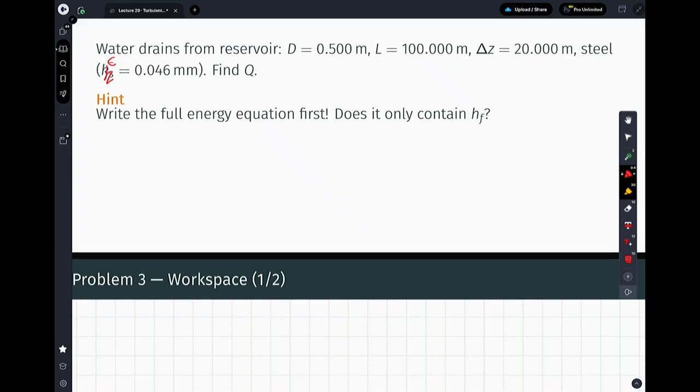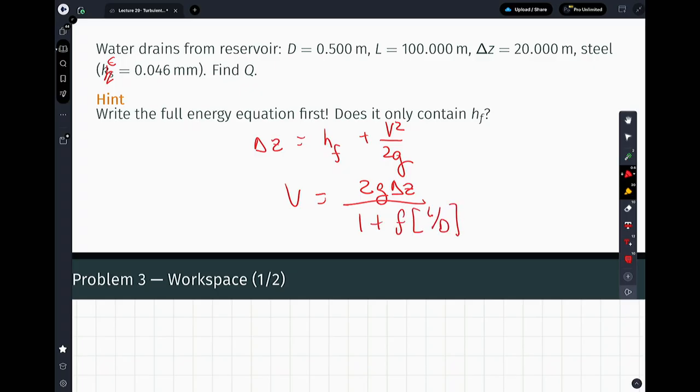And maybe I'll write that here. So delta Z equals head loss plus V squared over 2G, and V equals the square root of 2G delta Z over 1 plus FL over D, and L over D equals 200.